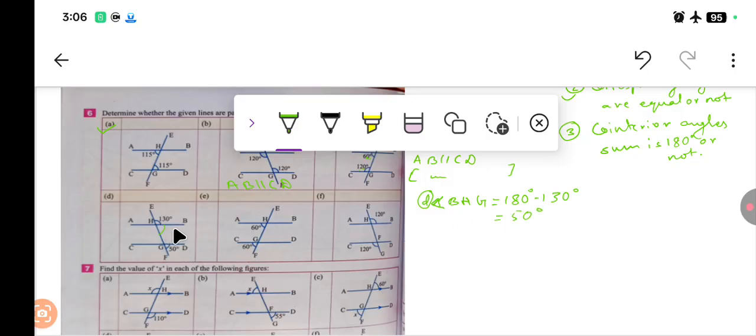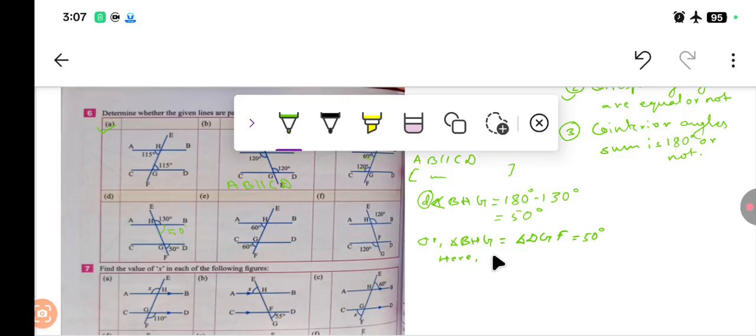So BHG came 50 degrees, and after that these two 50s are in corresponding relation. So here again you can write angle BHG is equal to angle DGF, that is equal to 50 degrees. Yes, so both are corresponding angles here.